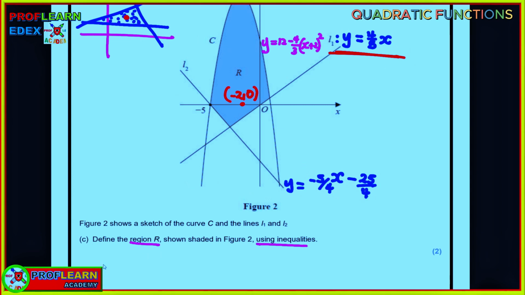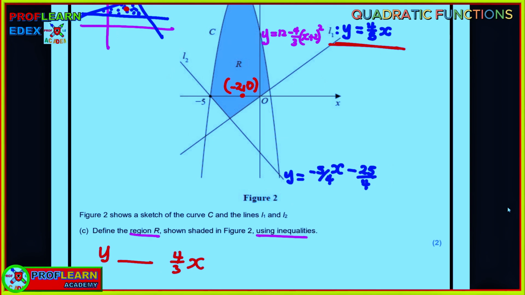We are going to say we have y dash 4 over 5x. So which inequality are we going to use at this point? Are we going to say greater than or equal to 0, less than or equal to 0?